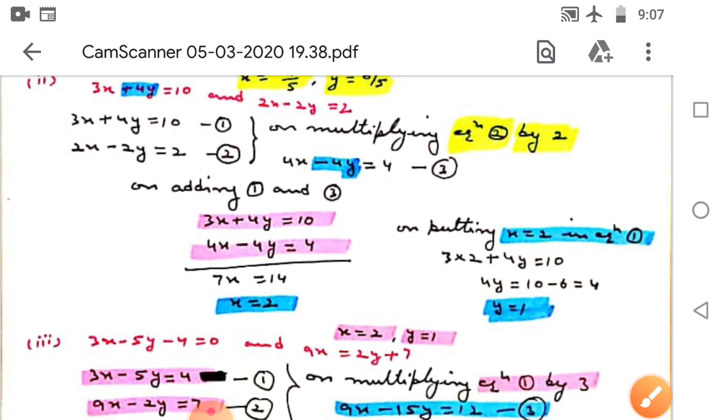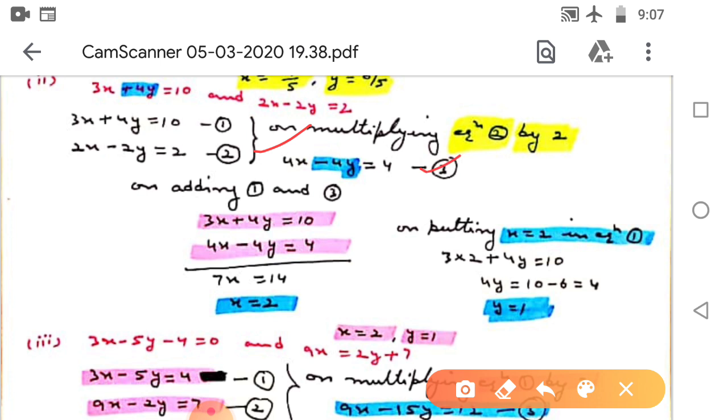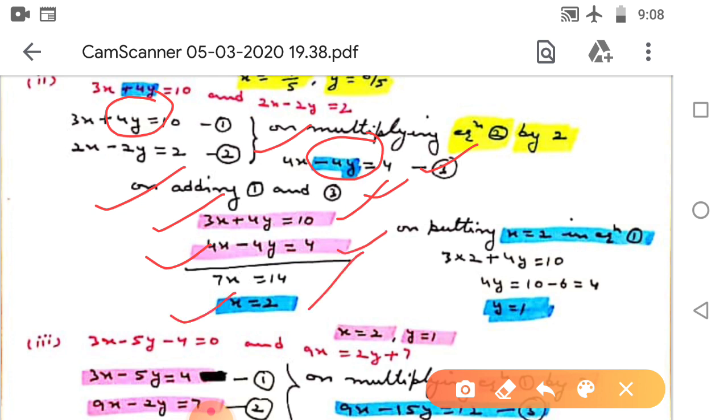If you multiply equation 2 with 2, it becomes 4x minus 4y is equal to 4. Clear? So on adding equation number 1 and equation number 3, 3x plus 4y is equal to 10 and 4x minus 4y is equal to 4. So 7x is equal to 14 and x is equal to 2.